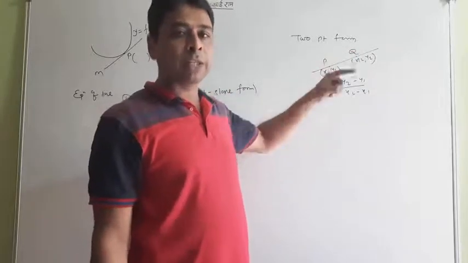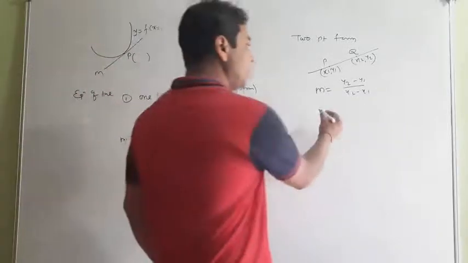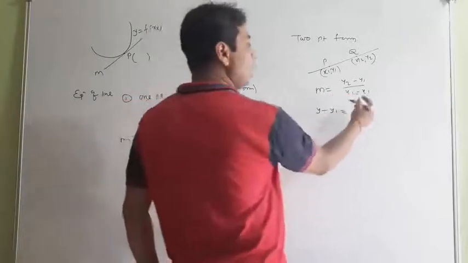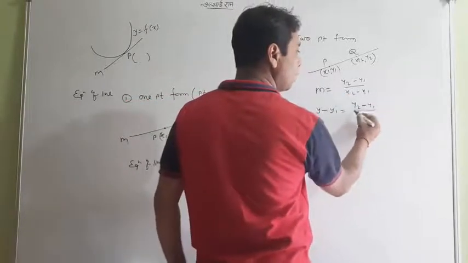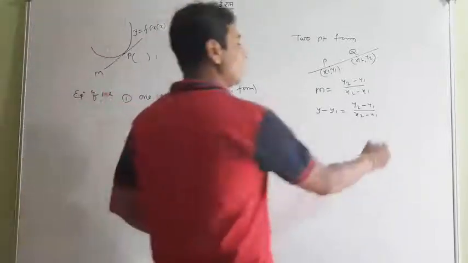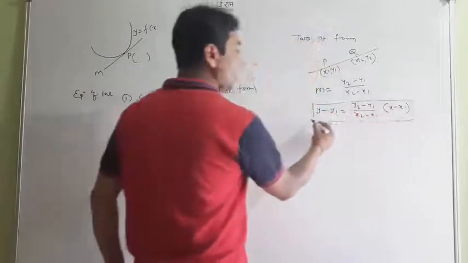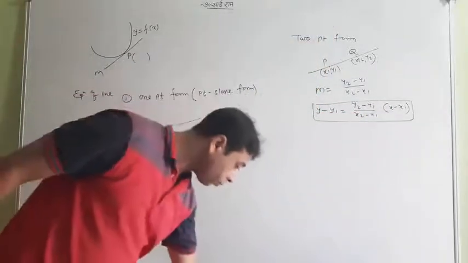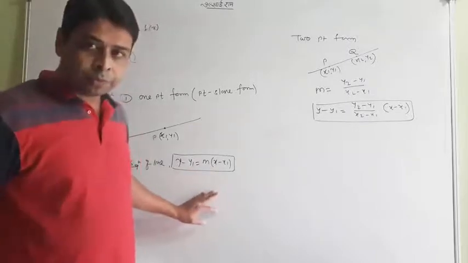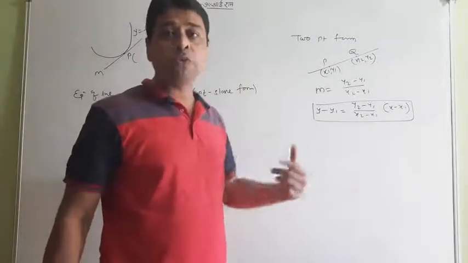And definitely the equation will be the same: y minus y1 equals m, so instead of m we write (y2 minus y1) upon (x2 minus x1), times (x minus x1). Keep remembering this 2-point form which you already studied in class 11th. So this is the 1-point form and this is the 2-point form. Initially you have to remember these two formulas.